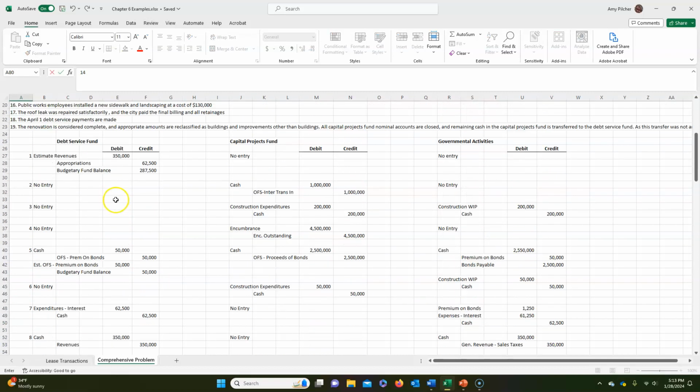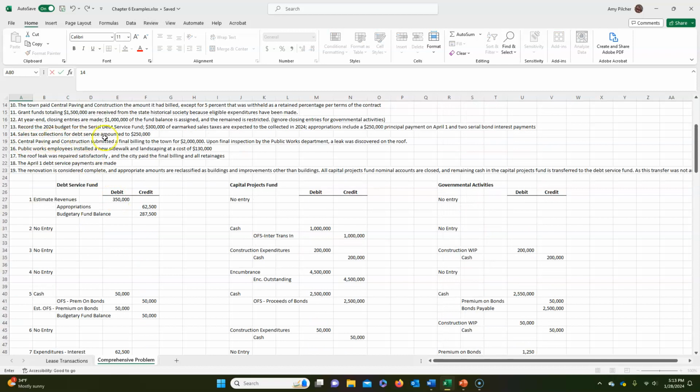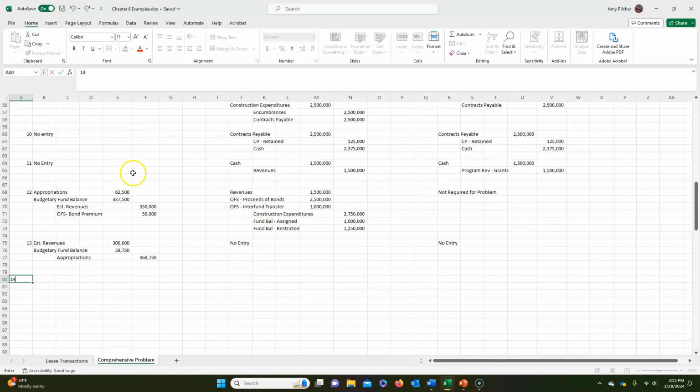Transaction 14. Sales tax collections for debt service amounted to $250,000. So we received cash of $250,000, and we have revenues of $250,000.